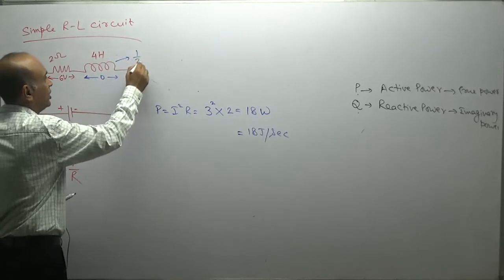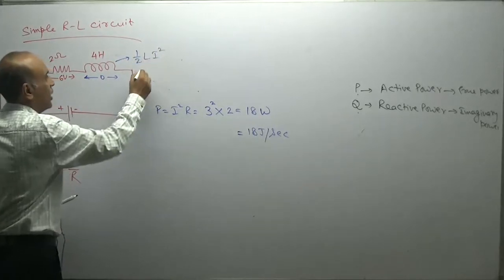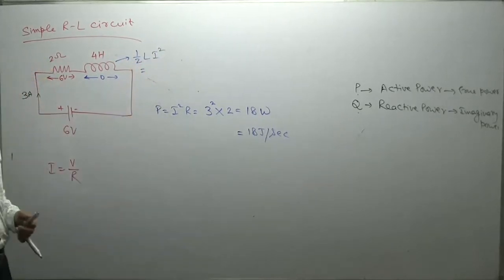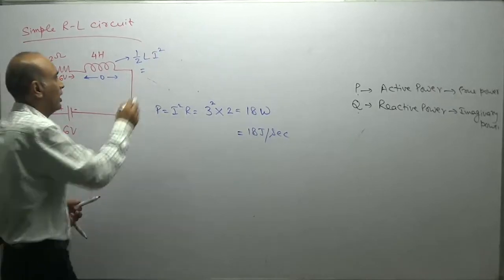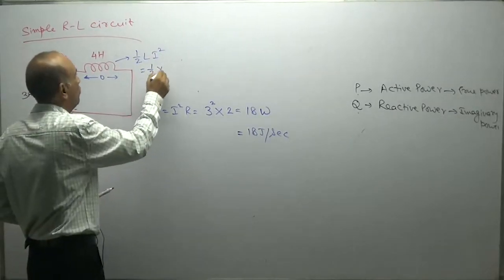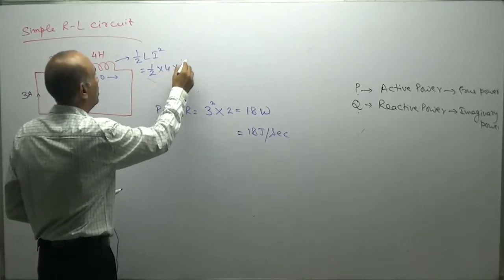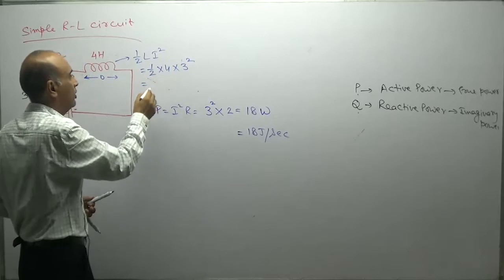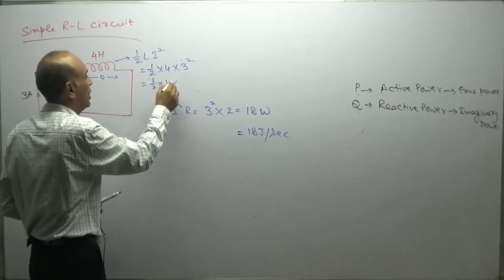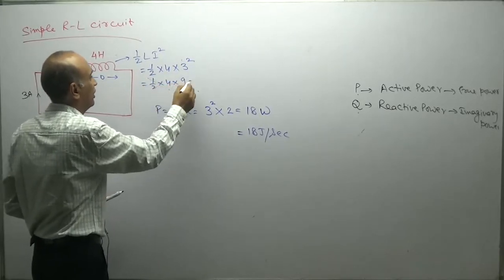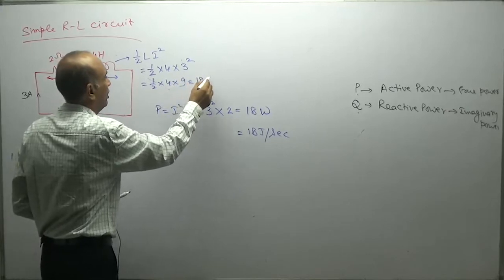It will store the energy, half L i square. It means half into 4 into 3 square. It will be half into 4 into 9, which is 18.